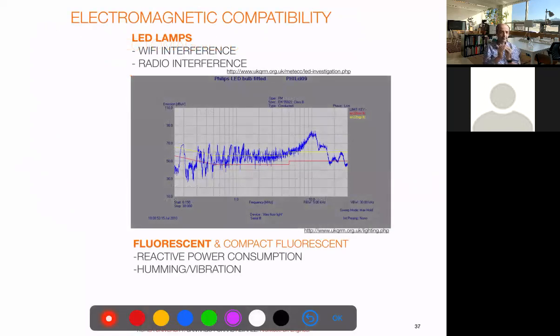And fluorescent lamps, right, are more or less controlled, but LED lamps are not so much controlled. They're very new. And this graph is taken from a very wide study. So you have the full essay in the link and also the source of this image. This is one example. And this is a Philips lamp. This is not really a cheap second brand.